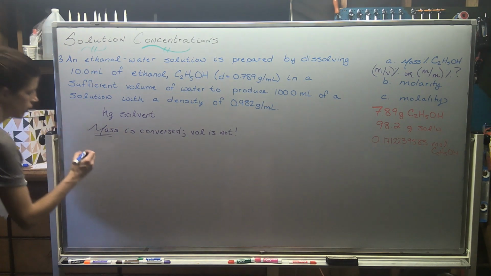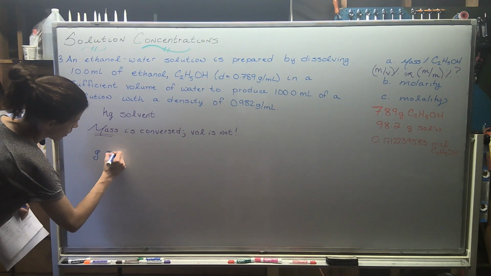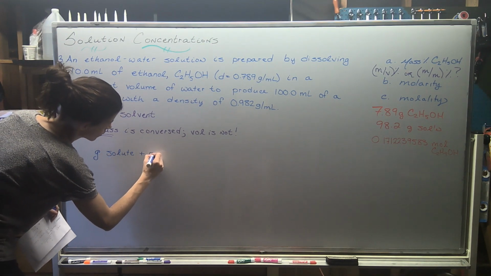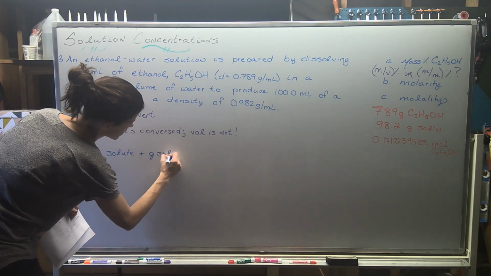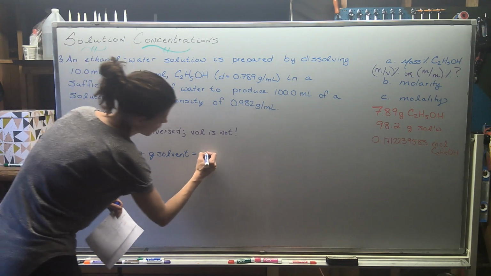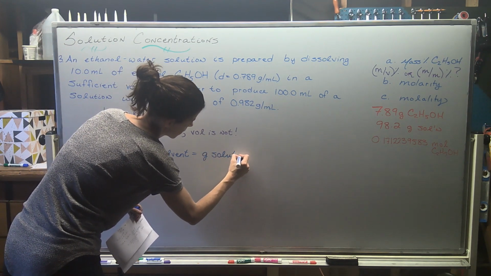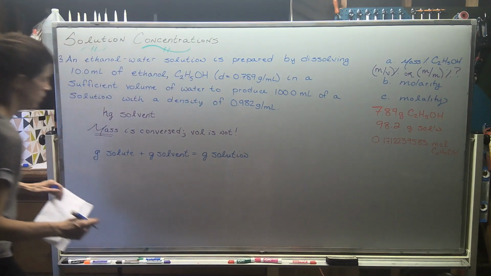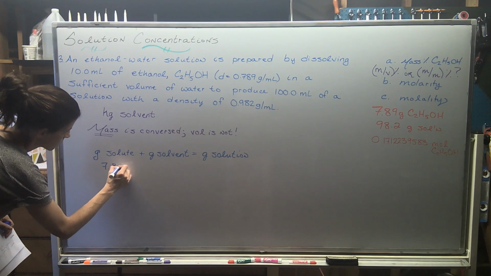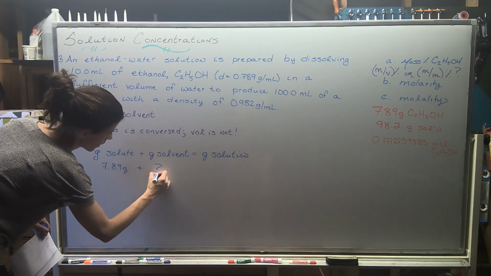We're going to use this relationship. We could say the grams of solute plus the grams of solvent will equal the grams of solution. So 7.89 here. I don't know what's going on with my solvent.